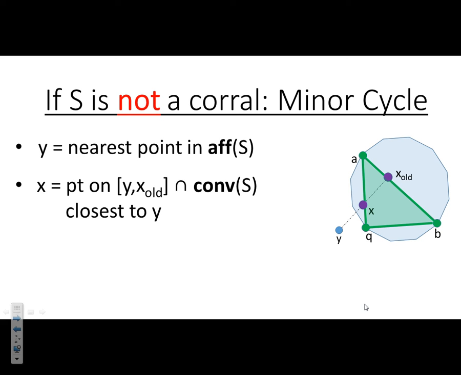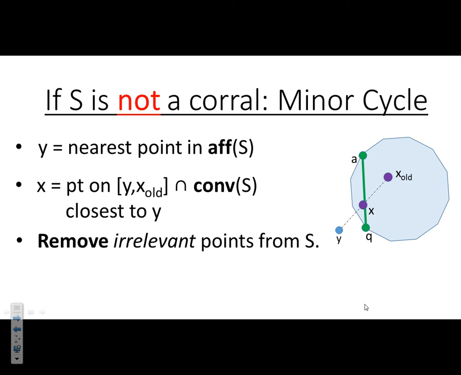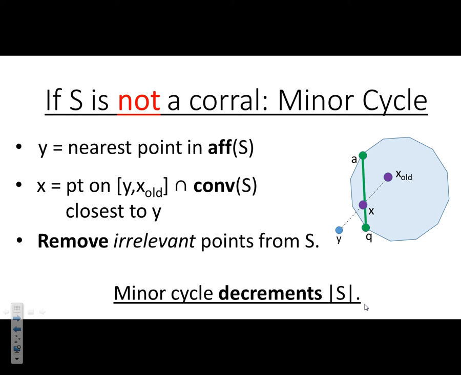And this is my new X. So I'm moving X up to here. Since it's on the boundary, some points are redundant for describing X. In this example, I don't need B anymore to describe X. I delete that from the set S, and I move on. The minor cycle terminates. So a minor cycle decrements the size of S. That's what goes on.